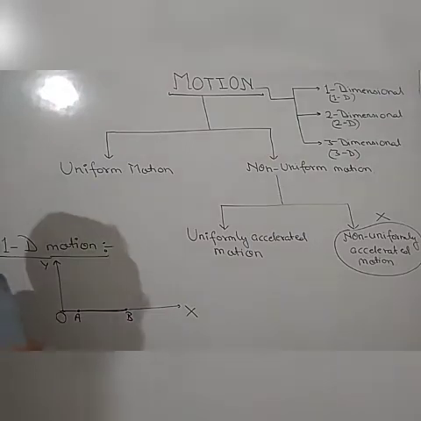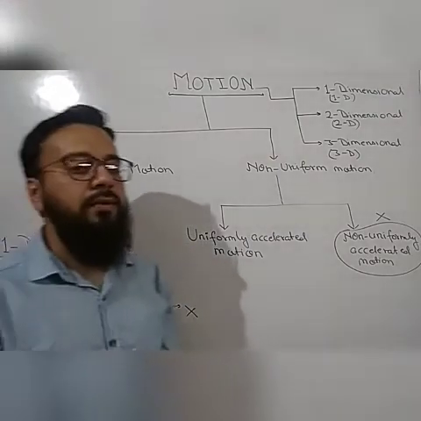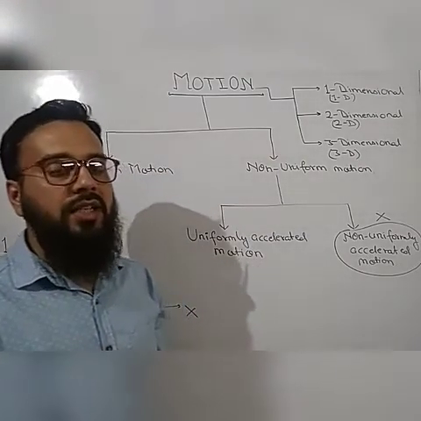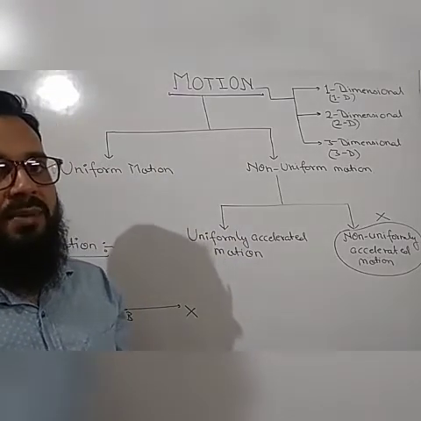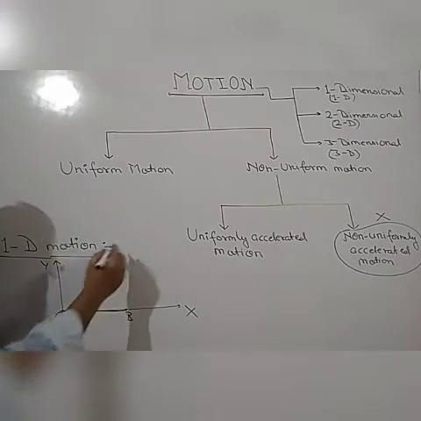So whenever a particle performs a motion in such a way that only one coordinate changes, then that motion is known as one-dimensional motion. So note down the definition.